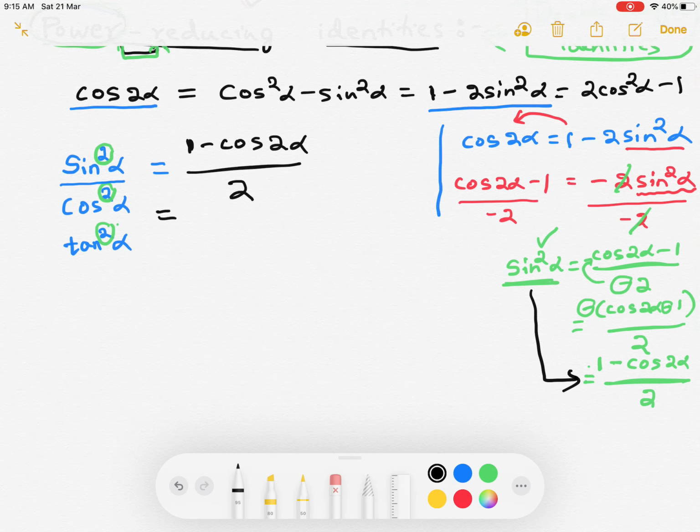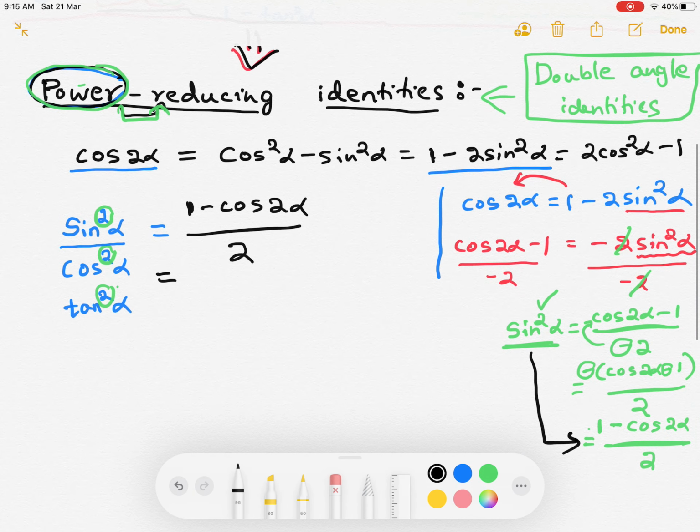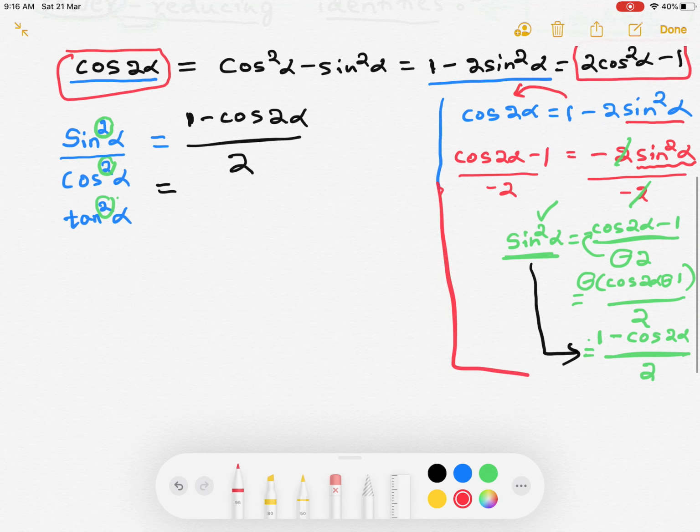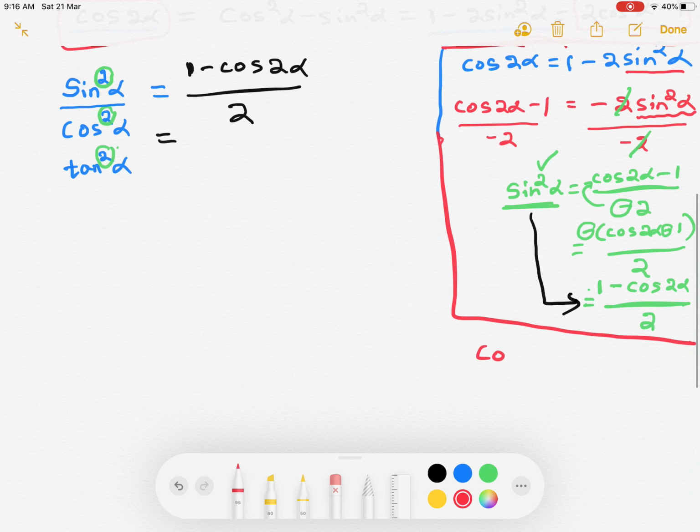Next we want the formula for the cosine square alpha. For that, we are considering cosine 2 alpha and 2 cosine square alpha minus 1. This is for the first formula.